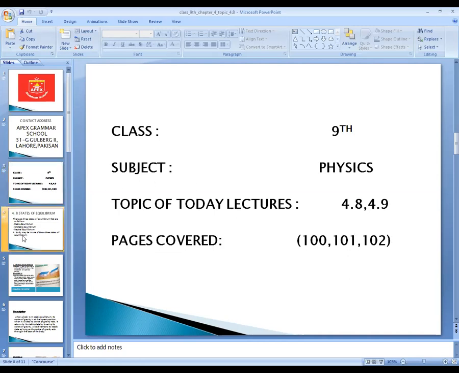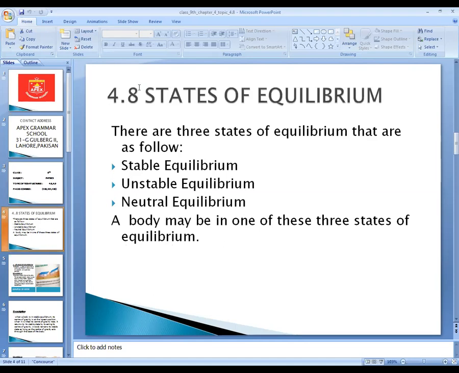Okay. So the first topic, 4.8, is actually the continuation of the topic equilibrium. Last time we discussed the first condition of equilibrium, and then we studied the second condition of equilibrium. But in today's topic, we will do states of equilibrium.